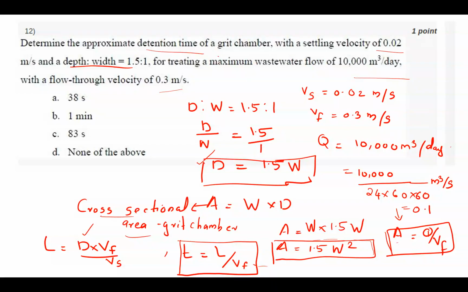This is 0.115 meter cube per second. I have converted the meter cube per day to meter cube per second. Got this answer? 0.115 meter cube per second. Got it?